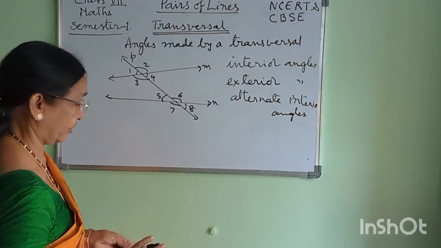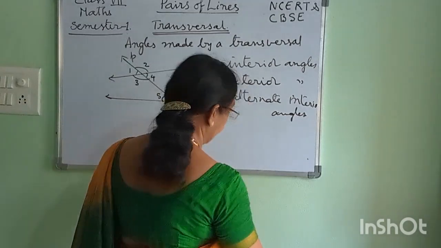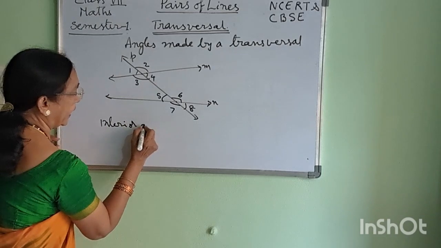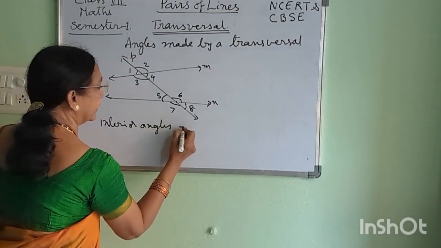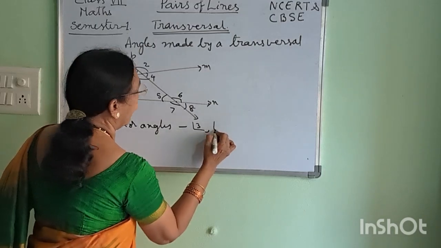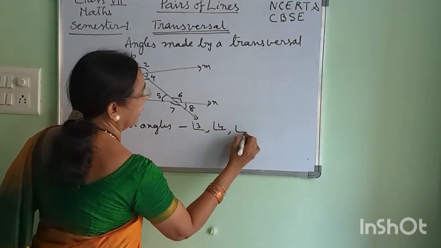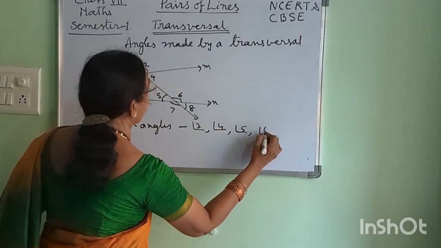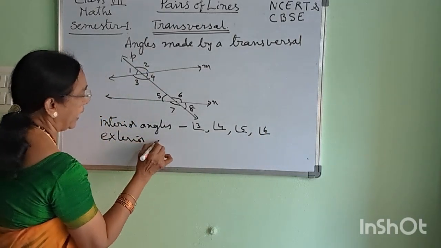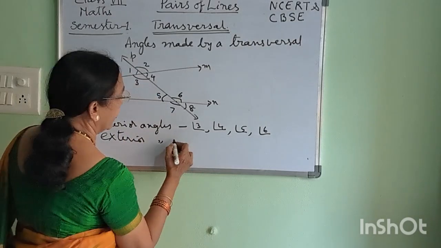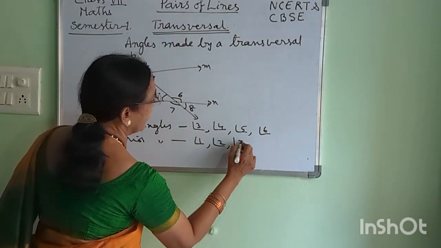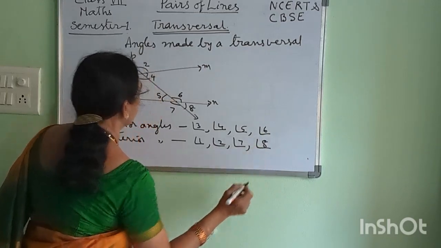So there are different types of angles here. Interior angles are angle 3, angle 4, angle 5 and angle 6. Exterior angles are angle 1, angle 2, angle 7, angle 8.